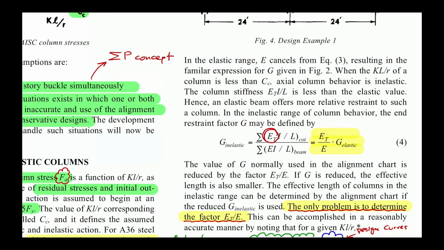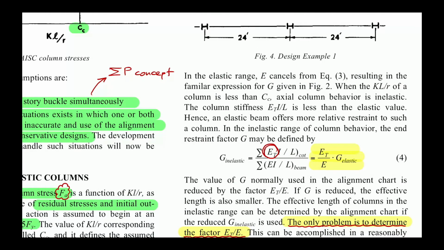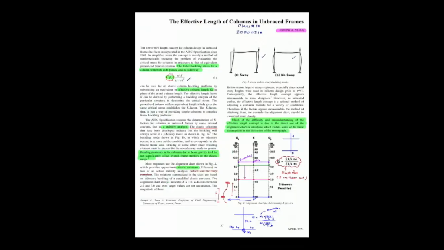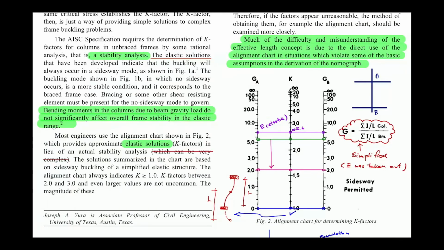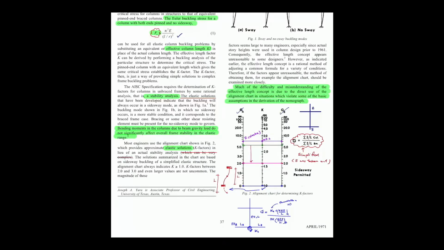So let's come to here. The G, which is the value used in the alignment chart, you have the G at the top and the G at the bottom. So this is the alignment chart for the sidesway, non-sway frame, and then you draw the line, and then you check for the K value where the line crosses.